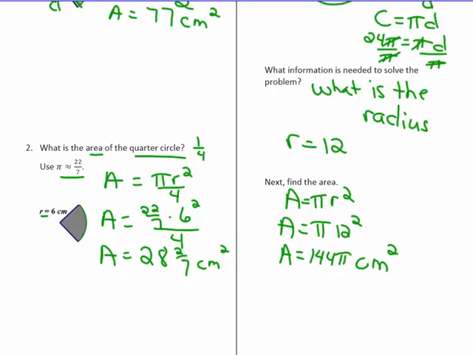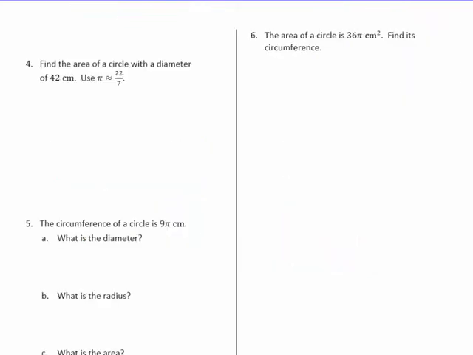All right, let's try another one. Find the area of a circle with a diameter of 42 centimeters. Remember, if I have diameter, I need radius. So my radius is going to be half of that, which is 21. So A equals pi r squared.